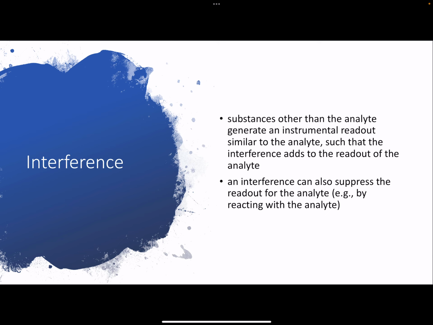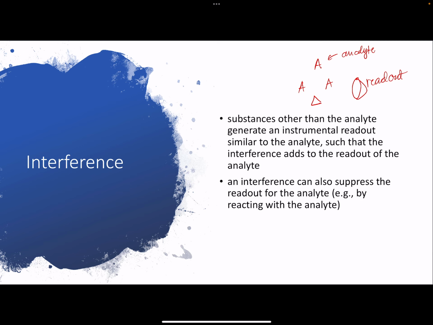So for example, let's try to elaborate on that. This is your readout, the detector. And you're trying to look for analyte A. Let's say you have 3, just to illustrate the example, 3 analytes of A. Unfortunately, because you've chosen the wrong method of extraction or separation, you got a substance that looks like analyte A, a triangular substance.